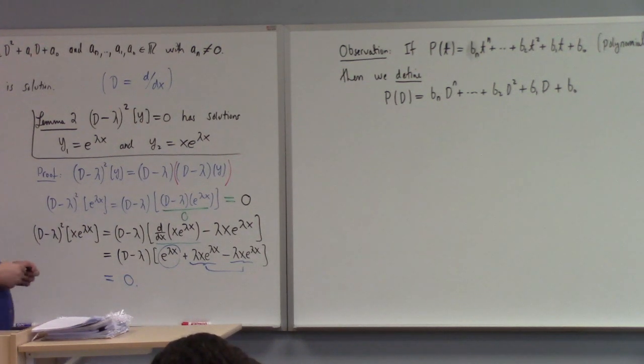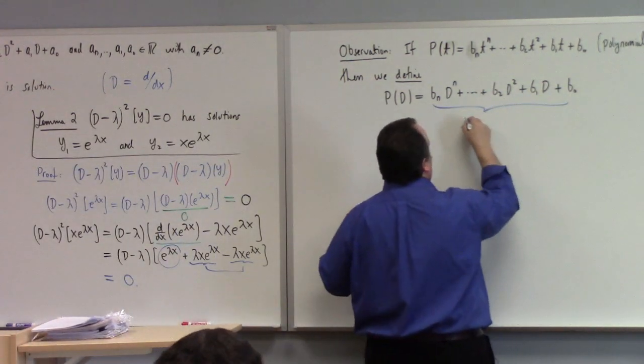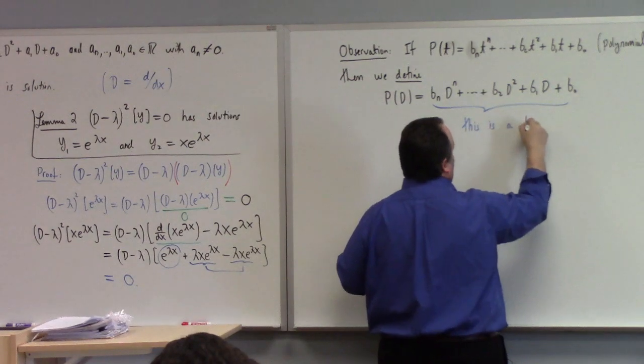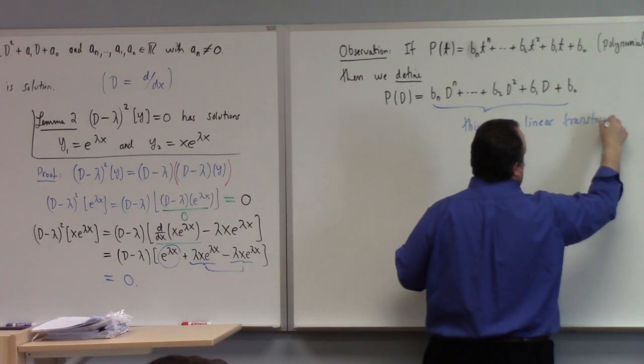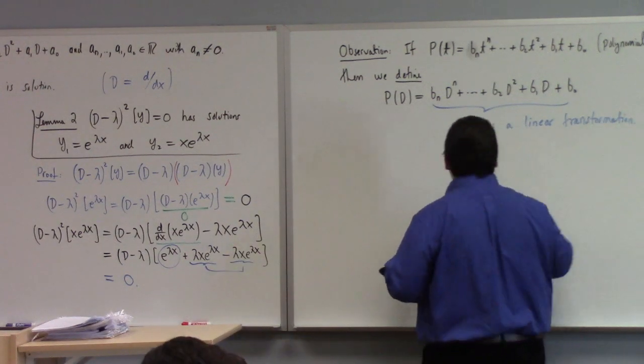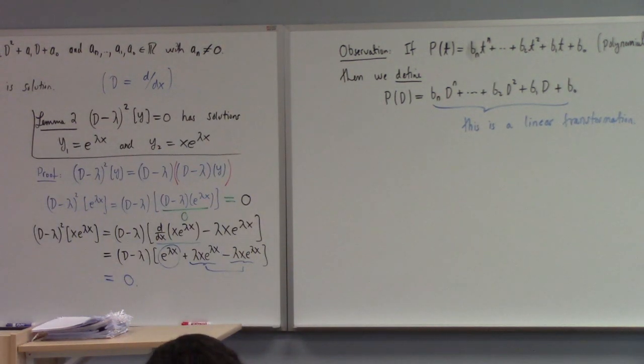Here's the cool thing. This is a linear transformation. Why is that? The reason is that the differentiation operator is linear, the second differentiation operator is linear, the third derivative is linear, the nth derivative is linear, and multiplication by a constant is linear as well.